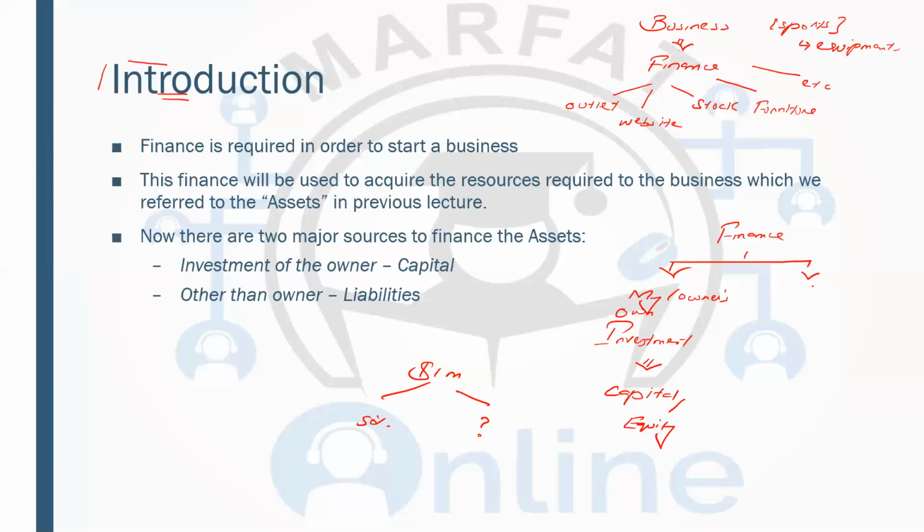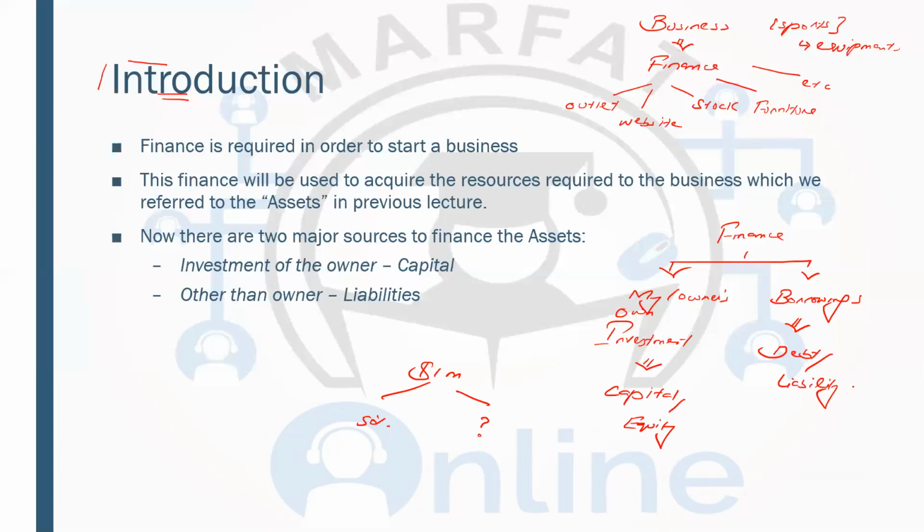Obviously, I need to contact someone other than my own investment to provide me the finance. For example, the borrowings. The useful way for getting the remaining 50% is from the bank. Go to a bank and ask them to provide you that remaining 50% finance. Now, this borrowing which you are doing is known as the debt or the liability.